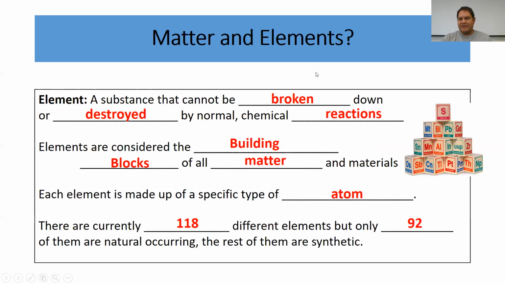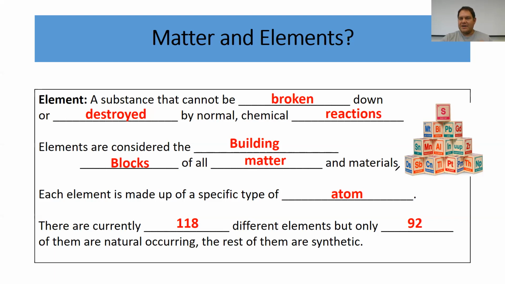All right, now for right now, the way I would like you to visualize what elements are and their proper function in matter is to think of them as more or less building blocks, okay? Elements are considered the building blocks of all matter and materials.